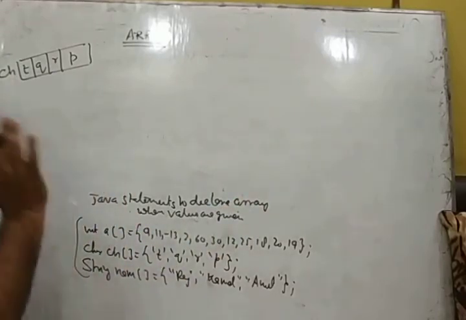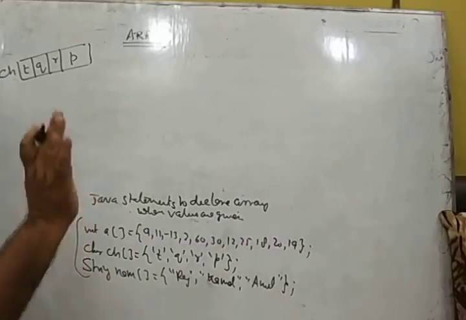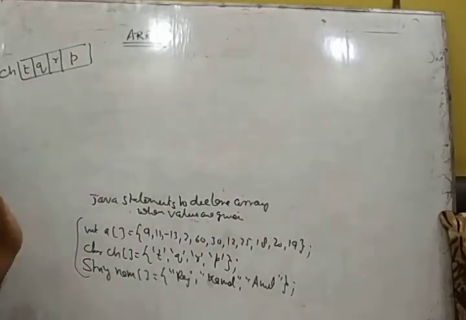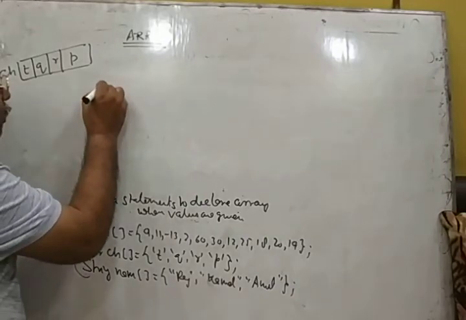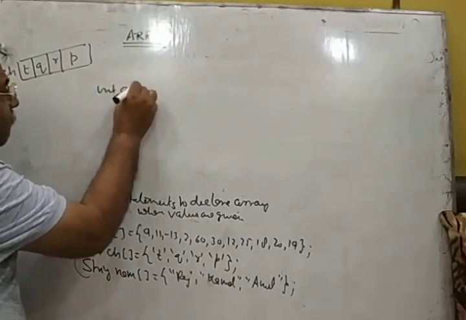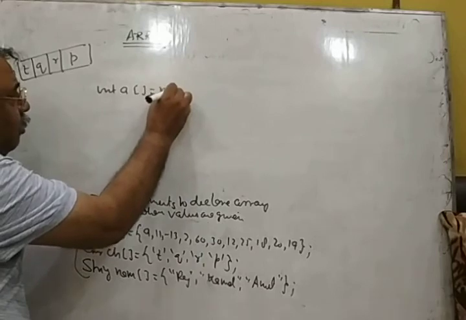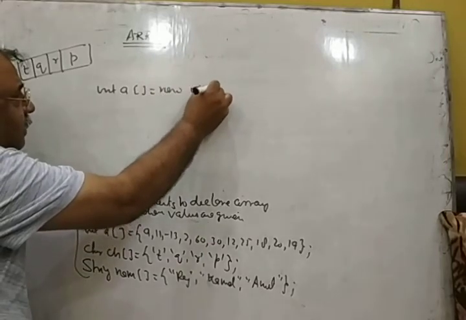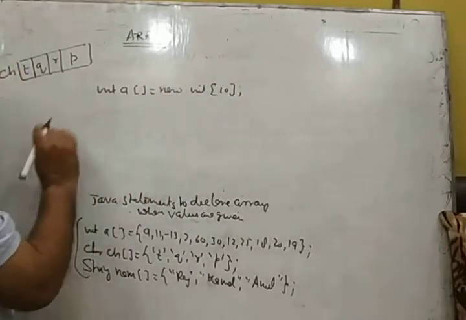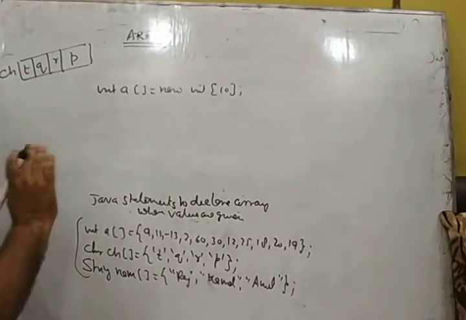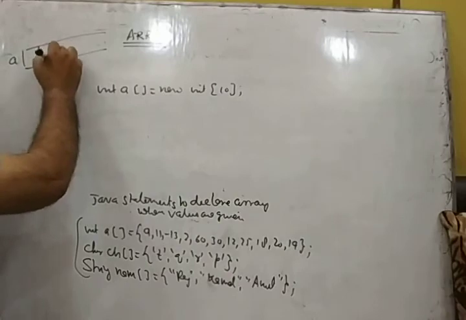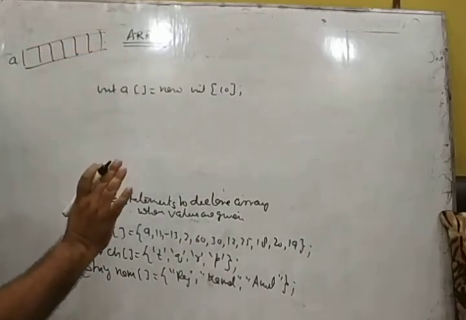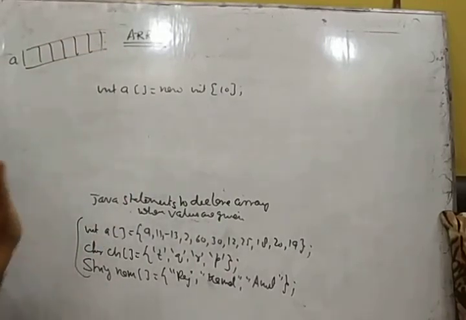If values are not given and you want to tell your computer to open an array and later on I will put the values into it, then the way you will write is int a = new int[10]. Now this is the command in Java to declare an array a containing 10 cells. There are no values. Later on you will put the values into it.